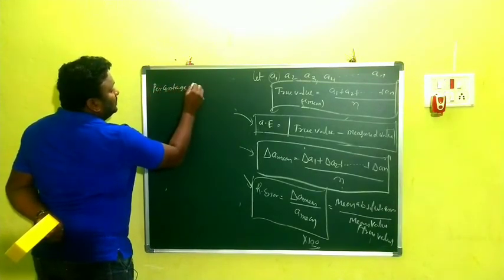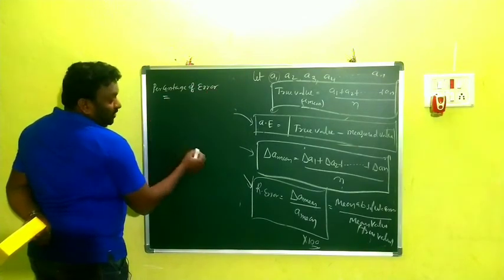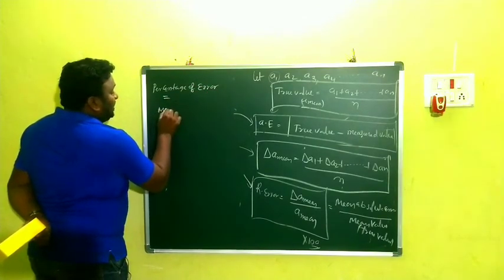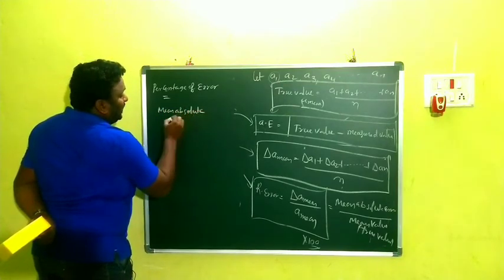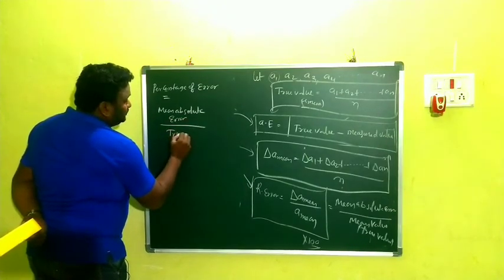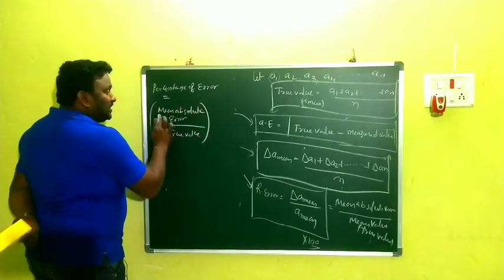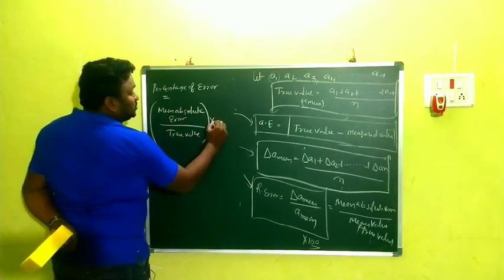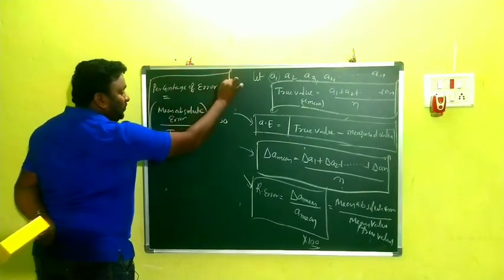Percentage of error is equal to mean absolute error by true value into 100. So this is the percentage of error.